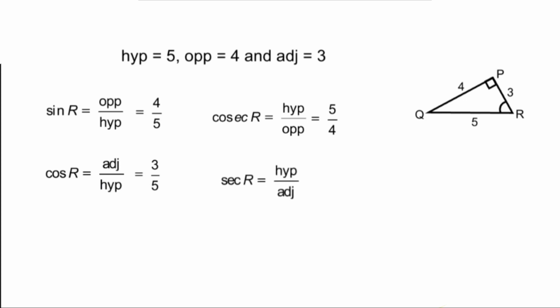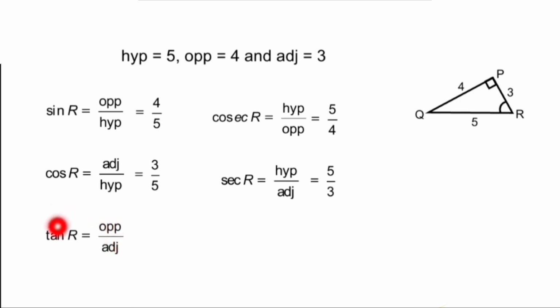Next, secant is the reciprocal of cos. So secant r is equal to hypotenuse by adjacent side, which is equal to 5 by 3. Next, tan is defined as the opposite side by adjacent side.